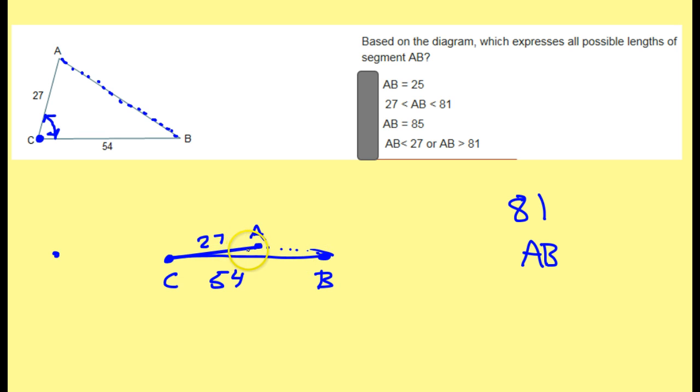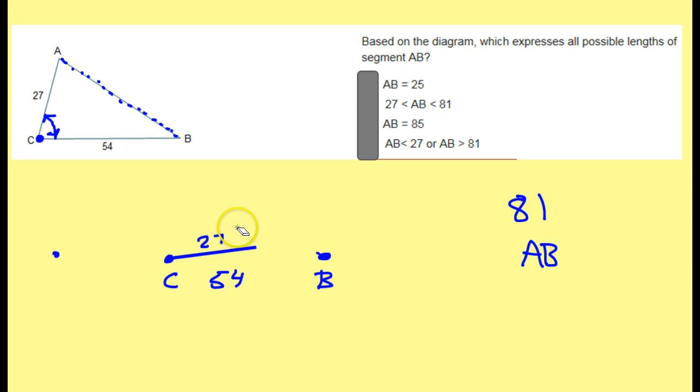We have a little bit ways to go. Now, if I flatten this out completely, you won't be able to make a triangle, but it will show us the smallest possible value of AB. So let me go ahead and do that.